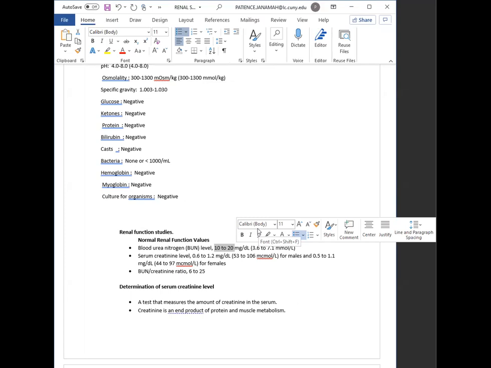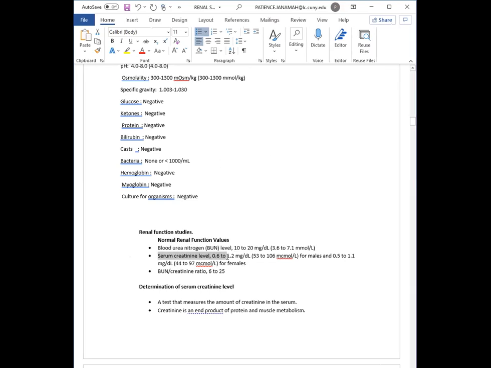If this one is elevated, there's a problem with kidney function. Creatinine is usually done through blood, when they run the patient's blood work. I think it's the CMP or CBC, one of them, I don't remember, but I'm going to get that result for you.